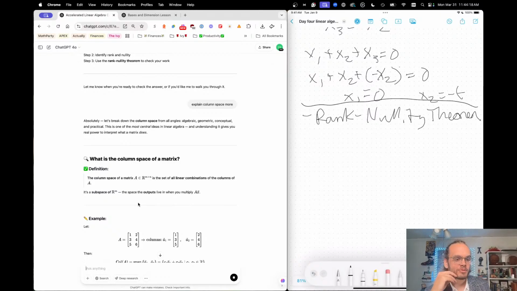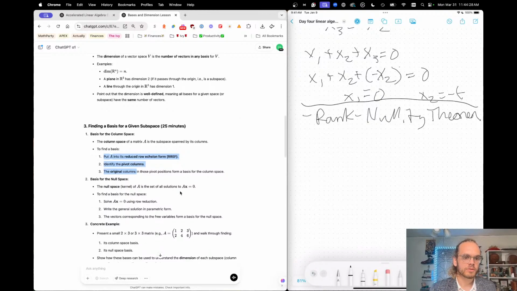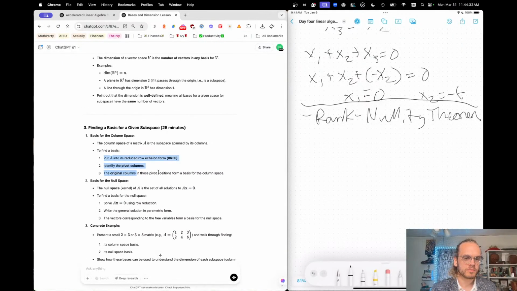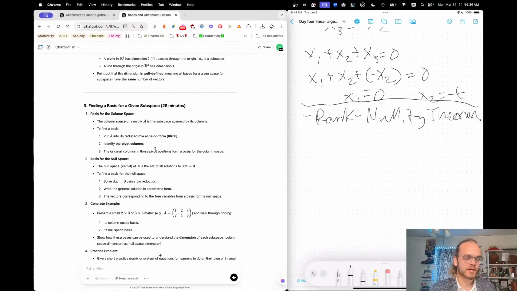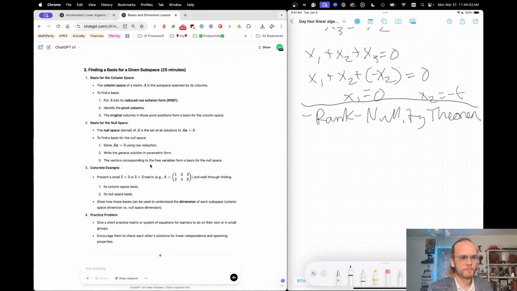Why, for instance, do I only use the pivot columns to find the column space? We kind of talked about that earlier. I didn't fully understand their explanation, but it's something at least that I can let gel in my head.